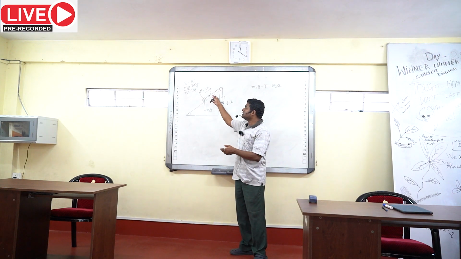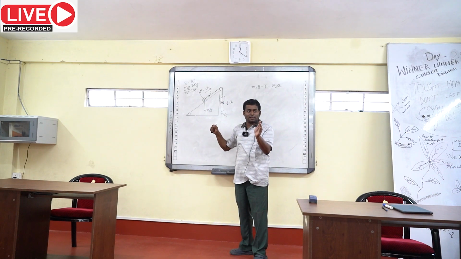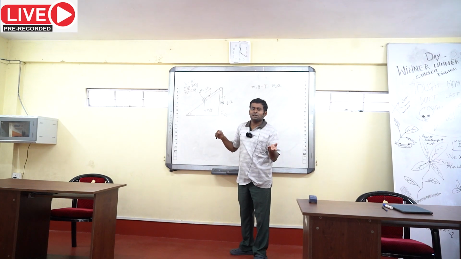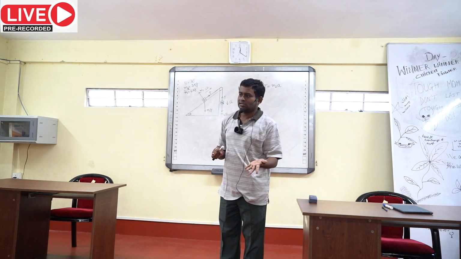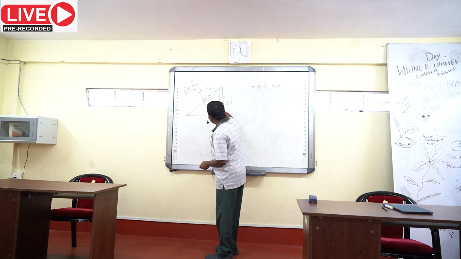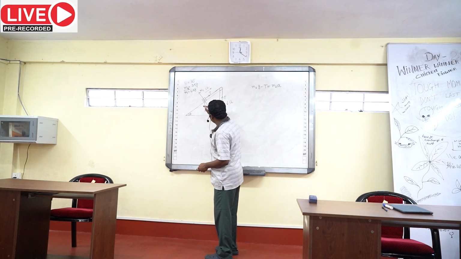But if it is neither perpendicular nor along the direction, then it has a partial effect, and the partial effect should be calculated from component calculation. How will we do it? I can resolve M1g into two components. One is perpendicular to the incline, another is along the incline.